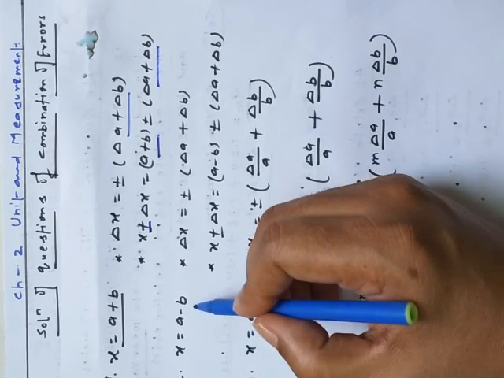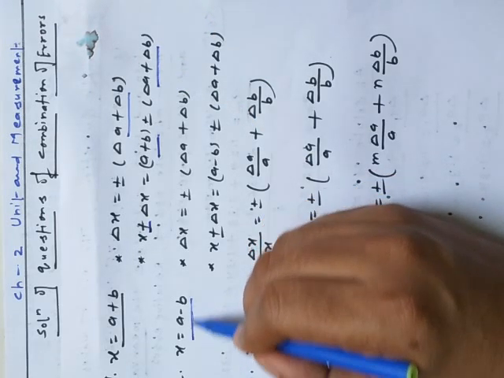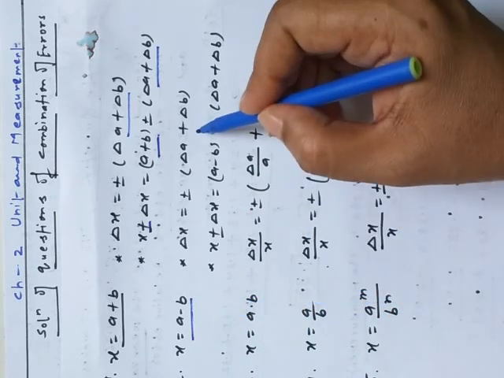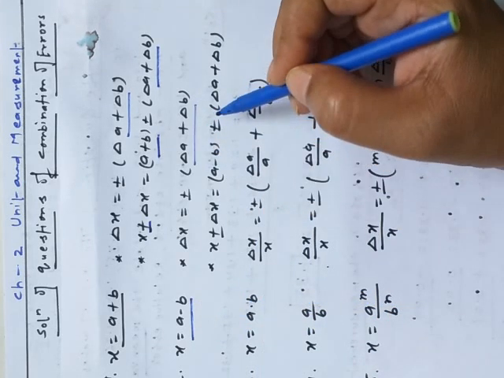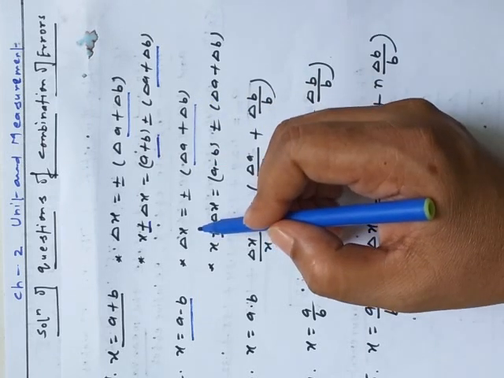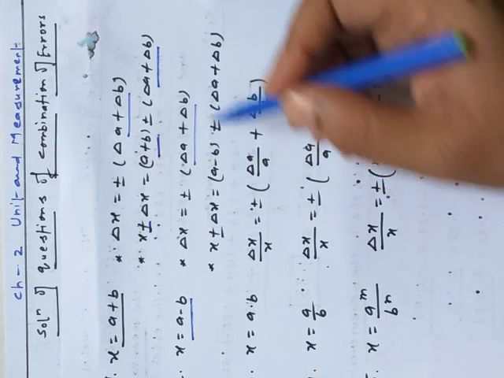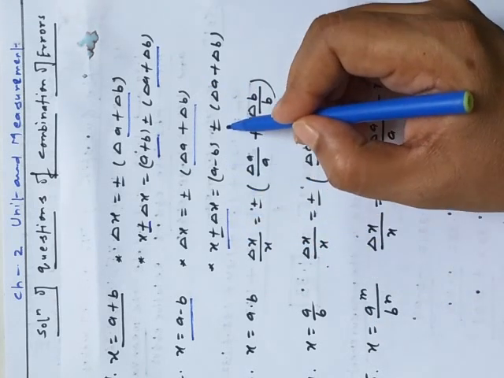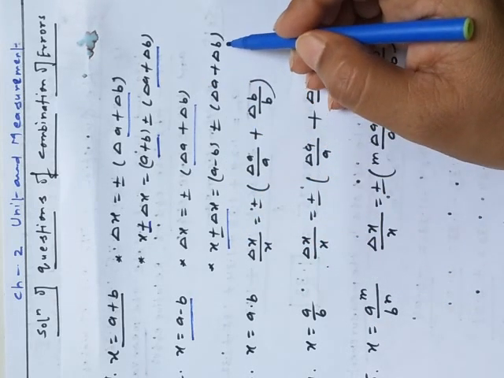Similarly, we have the formula for the quantity given by the relation a minus b. Here also we are just adding the absolute errors. So we use delta x equal to plus minus delta a plus delta b, and in the answer with the error limit we use a minus b plus minus delta a plus delta b.